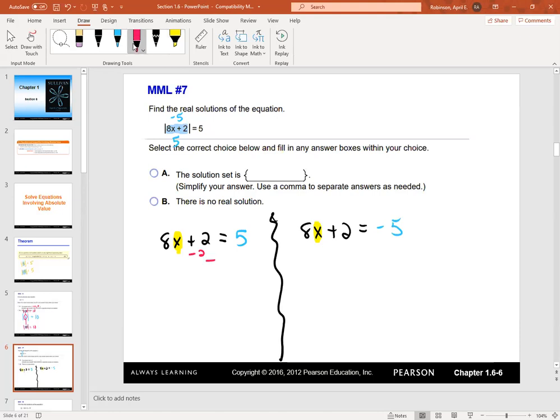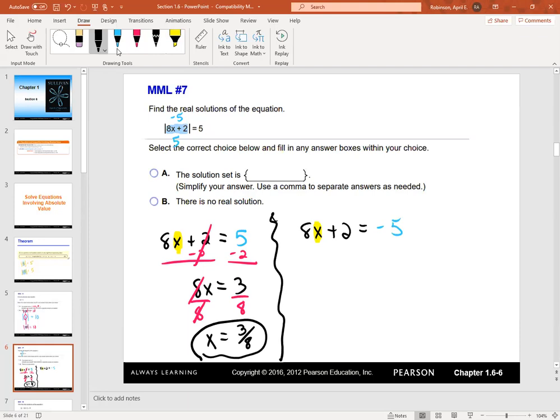I'm going to subtract 2. That cancels. I get 8x is equal to 5 minus 2, which is 3. Then I divide by 8 to get x. So one possible value is 3/8. If you stick 3/8 in here, 8 times 3/8 is 3, 3 plus 2 is 5, and the absolute value of 5 is 5. But I also have to solve this one.